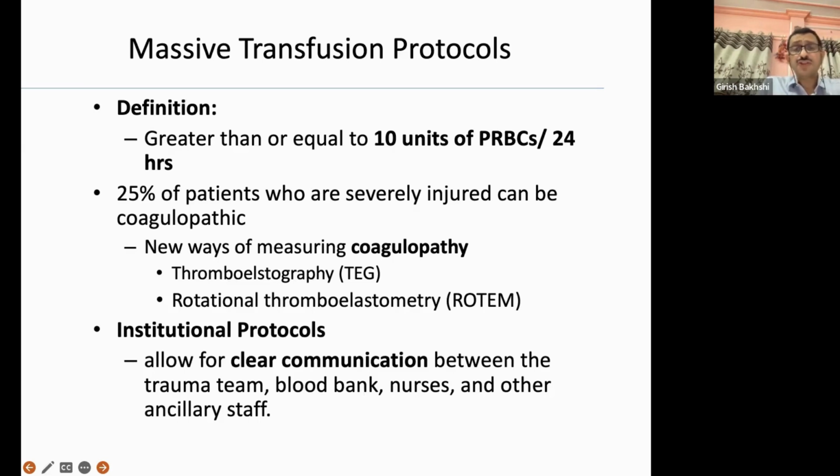When you have a patient with coagulopathy, the best investigation is rotational thromboelastometry because it guides you as to which product he will require, whether it is a platelet deficiency, a plasma deficiency, or a factor 7 or 9 deficiency. So that is very good in knowing how to correct the coagulopathy.